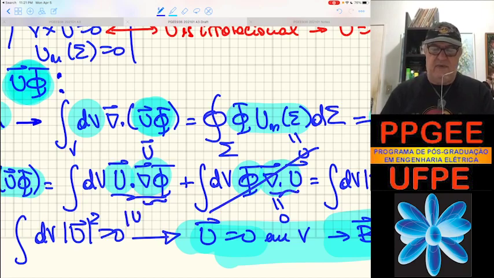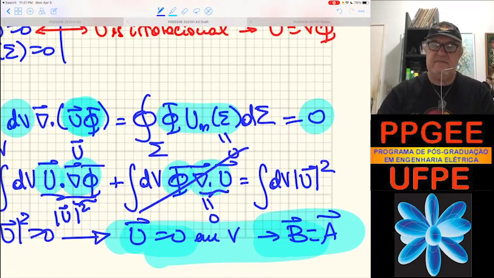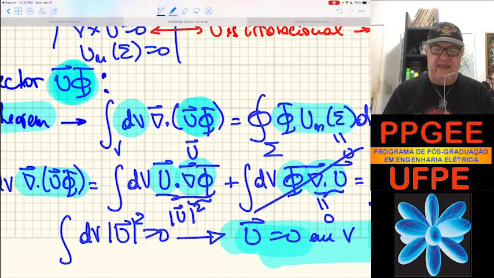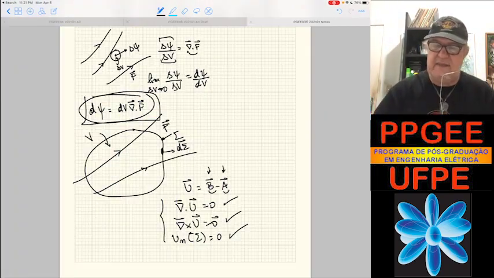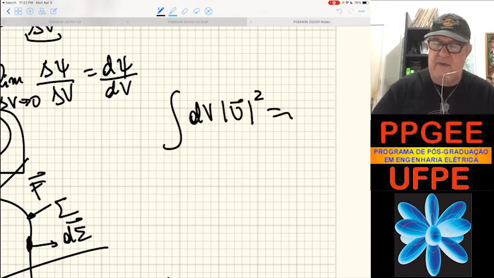So this is U square. Then you have the integral of the magnitude of U square, which equals 0. So we prove that the integral of U square over the volume equals 0.